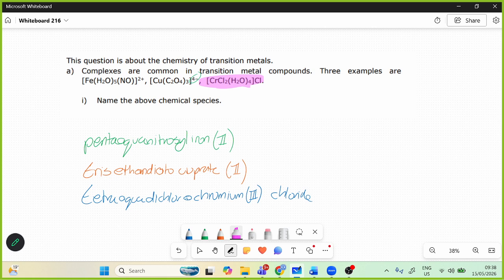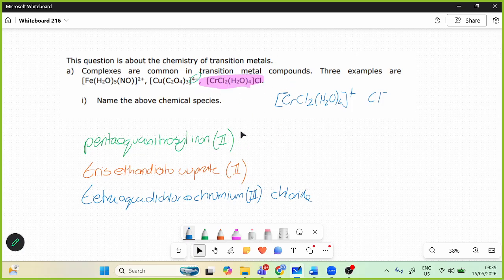For this one, since you have the ion and the counter ion, you name it as a normal compound. The others are just the cations or the anions. This is a full counter ion.